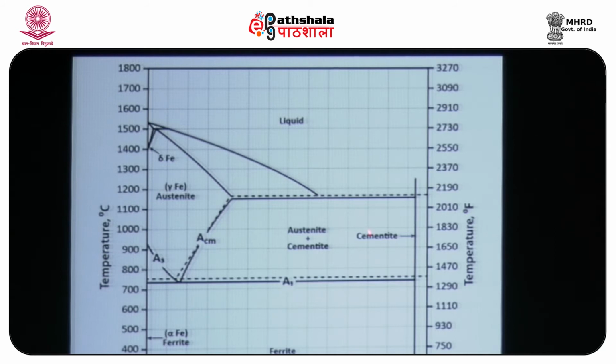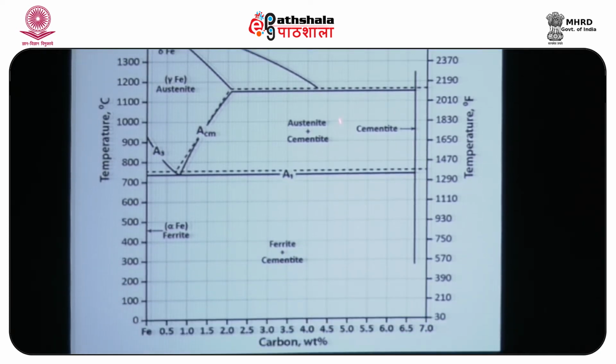And then if you come down, so from 1000 you keep your carbon weight percent constant, and if you lower your temperature to 500 degree, you see you won't be getting the austenite, you will start getting ferrite.